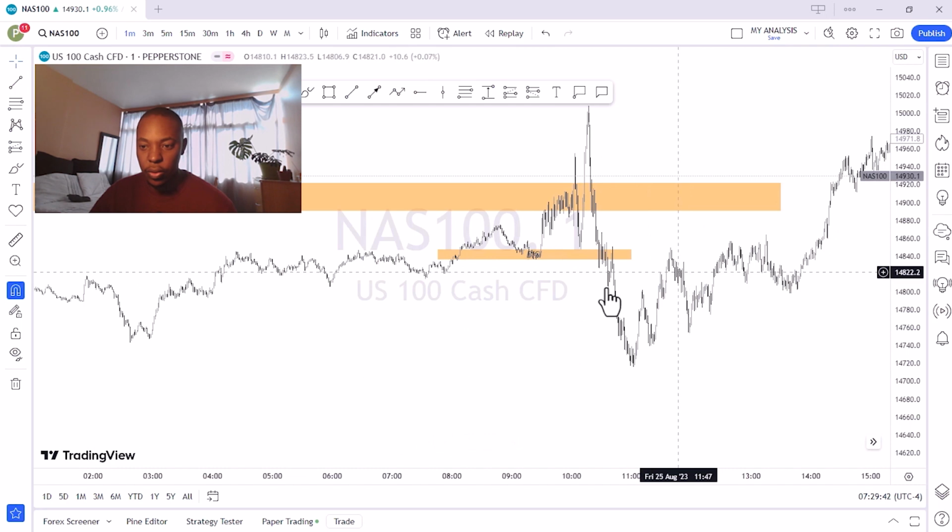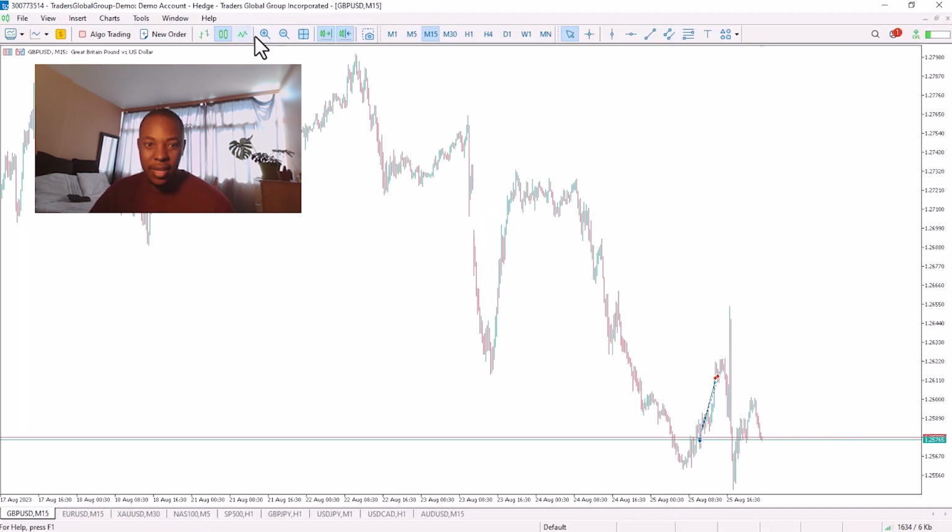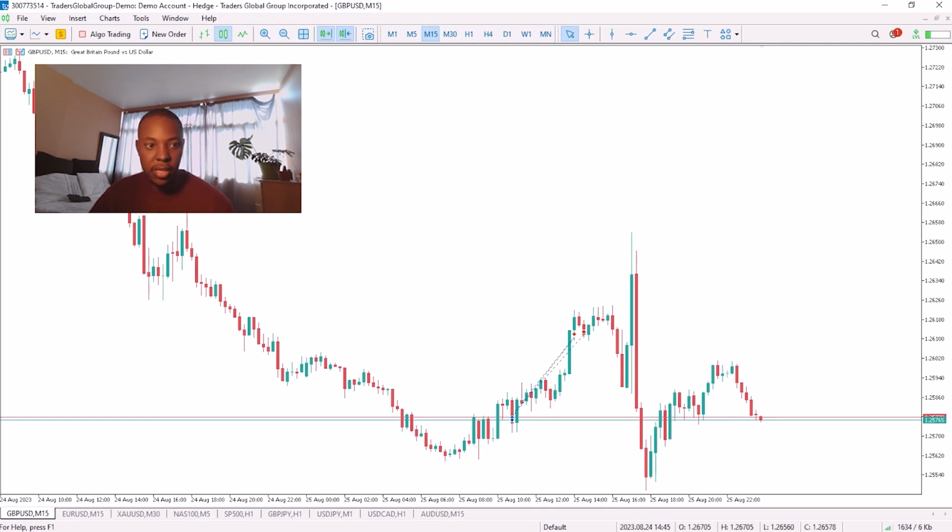So yeah, I'm just gonna go through my MT4, MT5 just to see what's happening there. As you can see, this is GBP USD. There's a second trade that I took of the day, which was a winning trade. As you can see, I took buys there and then got out right there, with profits. So that was nice.